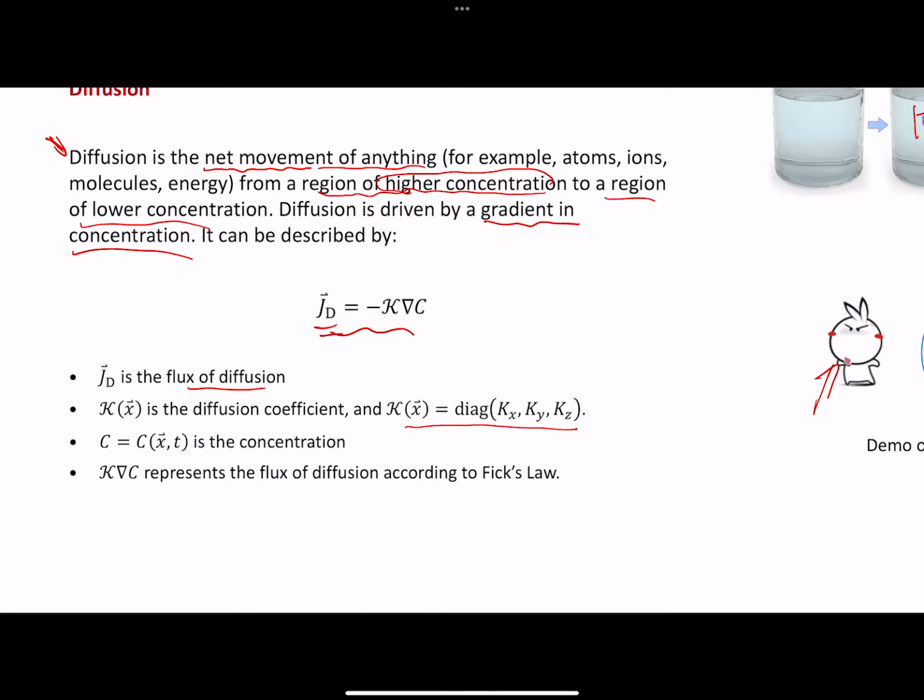You will not calculate the diffusion, so I just put it here to make it more detailed. And C here refers to the concentration. Concentration is a function of space and time. If we put these terms together, it represents the flux of diffusion according to Fick's law.